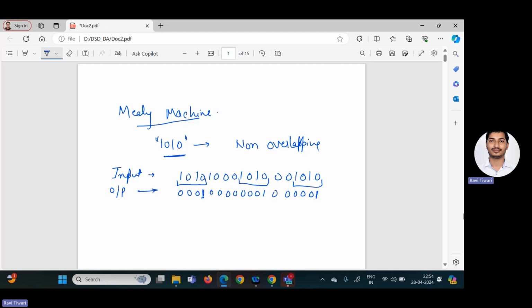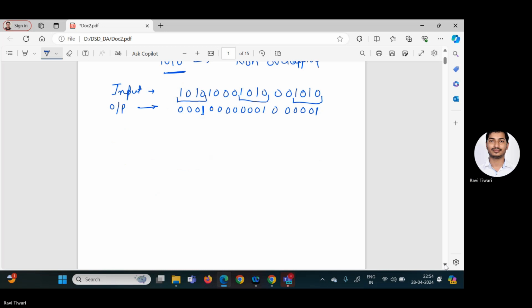Now we will see how to make a Mealy machine. So for the Mealy machine, my first step is the state diagram. State diagram is very important in case of Mealy machine.